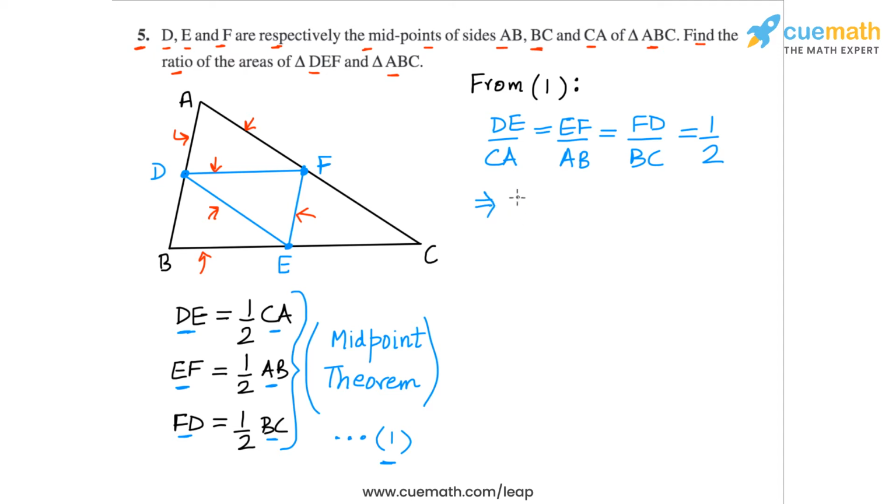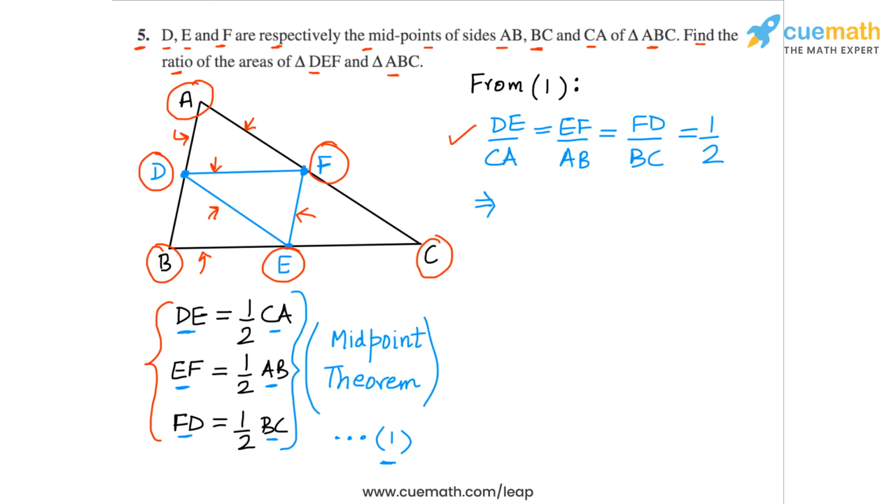So if we take the large triangle as ABC, then corresponding to vertex A, we will have vertex E. Make sure that you understand why corresponding to A, it will be E. And corresponding to vertex B, we will have vertex F, and corresponding to vertex C, we will have vertex D. This is the only way you will get these three ratios to be equal, if this is the correspondence of the vertices.